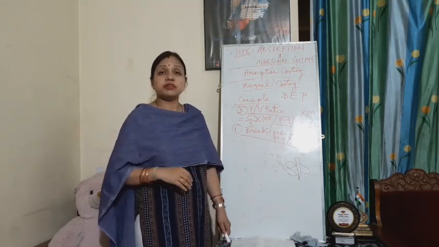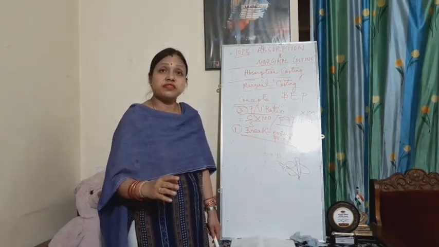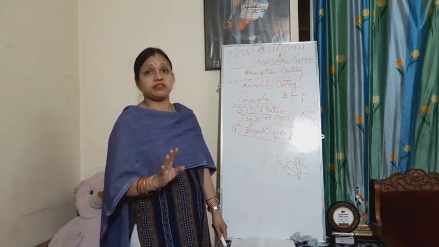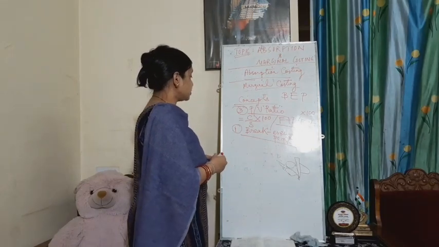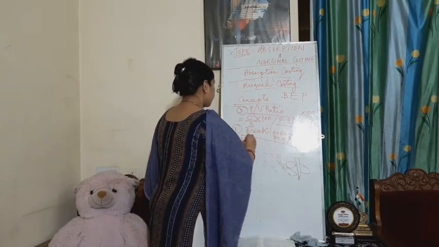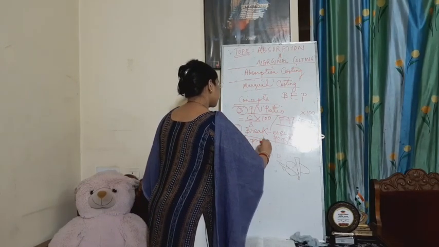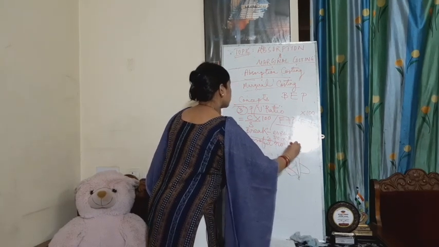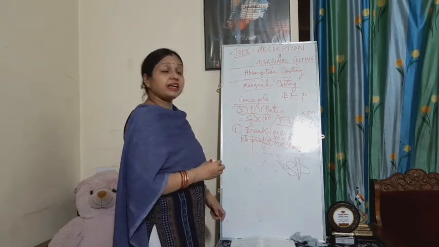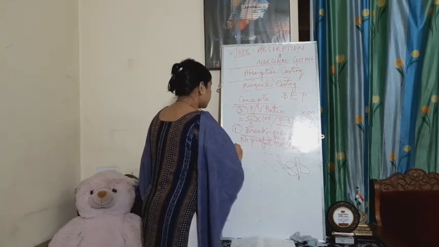So break even point, you can call it a point of no profit, no loss. We are at least recovering the costs. That is called break even point. Now break even point, we can calculate it in terms of units.